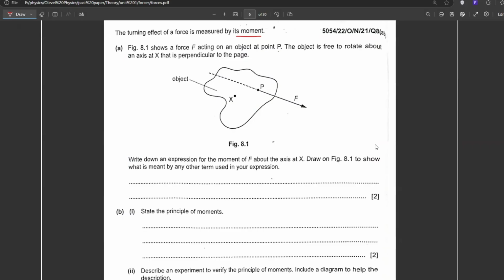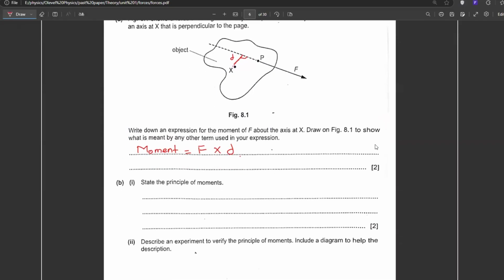So if you want to calculate the moment of force F, that will be equal to what? Force F into the perpendicular distance between the force and the pivot. So this can be your perpendicular distance d. Simple.